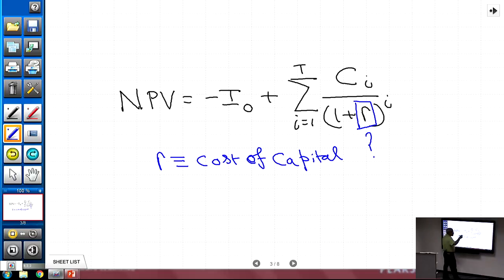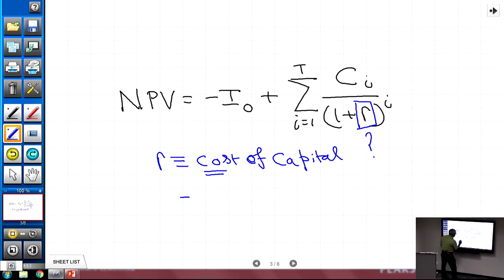Meaning that for the next dollar that the firm is going to raise, how much will it cost the firm? Because that will determine where the firm is going to make that investment. If this cost is too high, then NPV is not going to be positive and the firm may not want to invest in that project. If this cost is low, NPV may be positive and the firm may want to invest in that project.